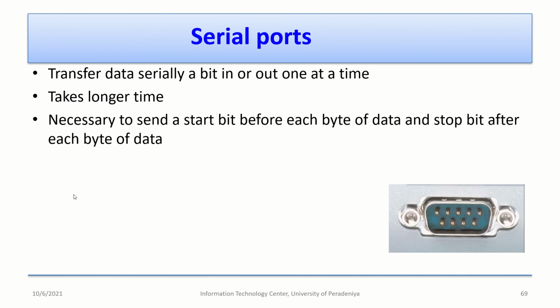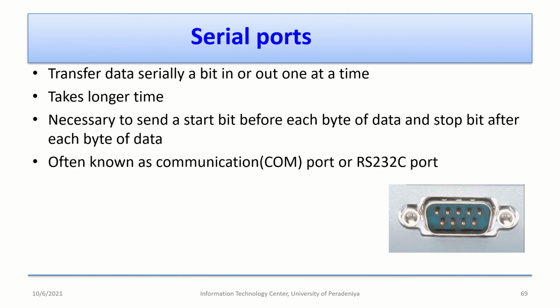It is necessary to send a start bit before each byte of data and a stop bit after each byte. When data is transferred serially, they have to specify the starting bit and the stop bit in each data segment, otherwise the data cannot be identified properly.